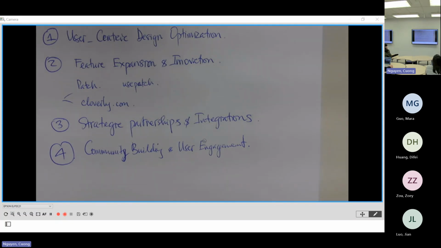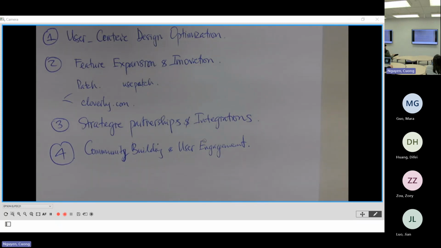It is similar here for a fintech product. If you want to make your product more popular, you need to build your own product community, and also improve user engagement for your own product.